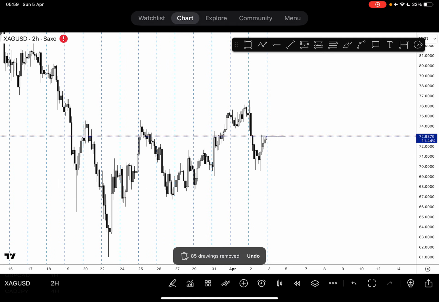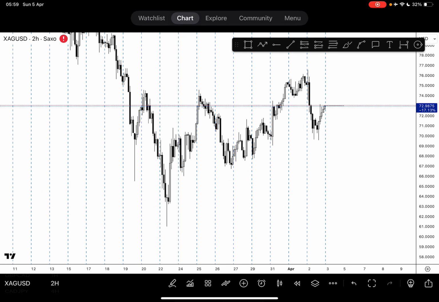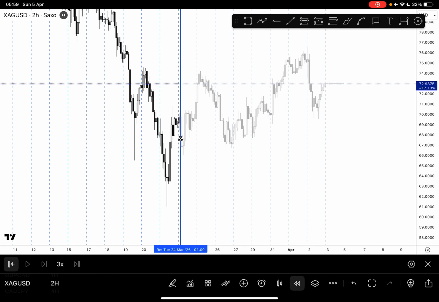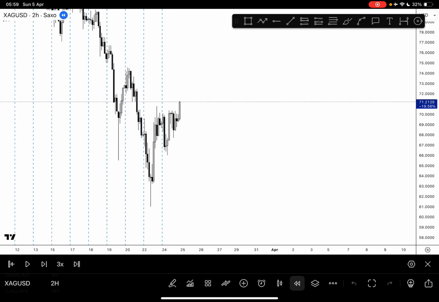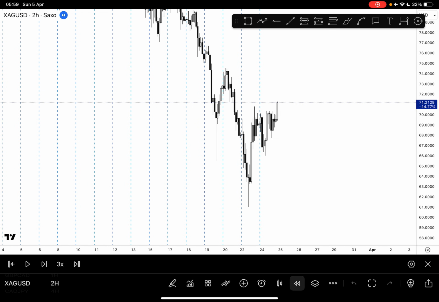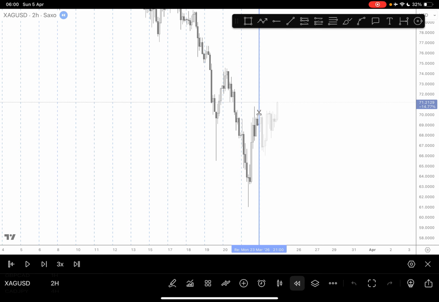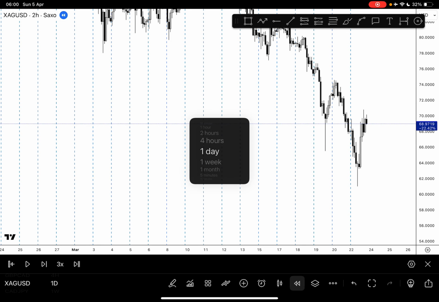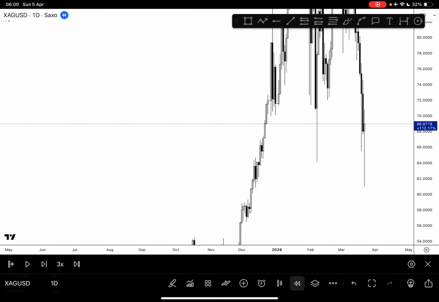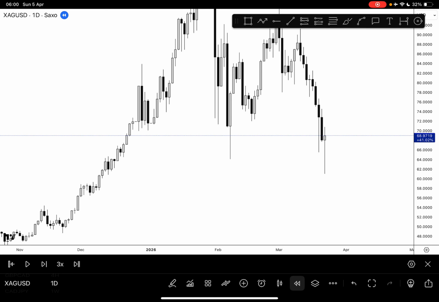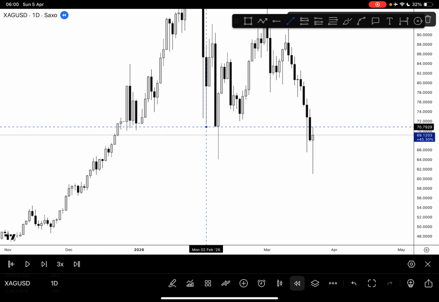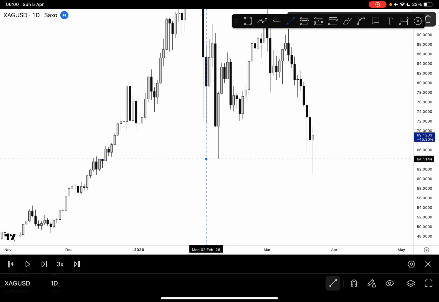Now this is silver here. Let's do a little bit of study. If you go to the daily time frame on silver, we have this. Now what is this? Market swept this low.